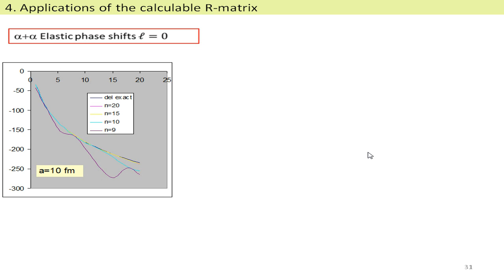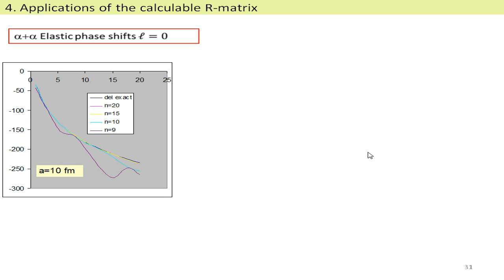So this is the energy, alpha plus alpha energy, from 0 to 25 MeV. The channel radius is 10 Fermi. And you have different calculations corresponding to different basis sizes. And the exact, well, you hardly see it, is the dark blue curve which is superimposed here.